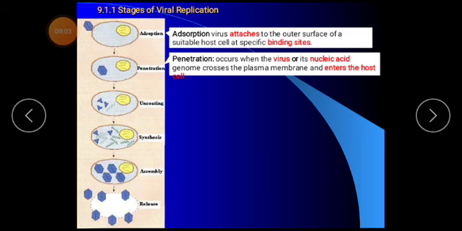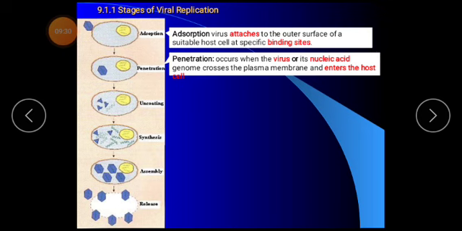So here it occurs when the virus or its nucleic acid, the DNA and RNA, crosses the plasma membrane of that host cell and enters the host. This is what we call penetration.